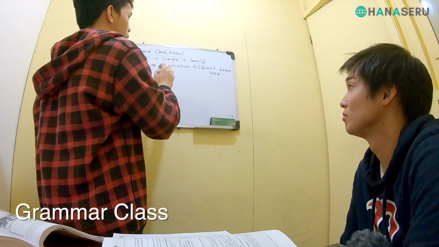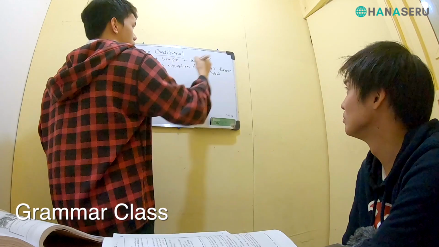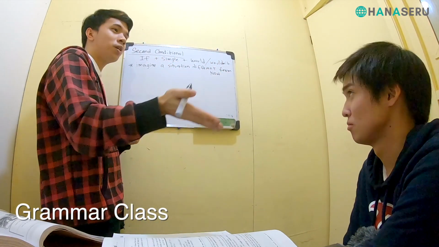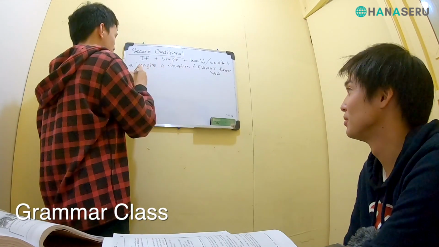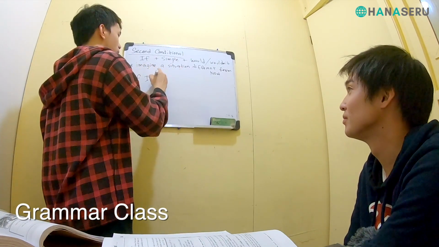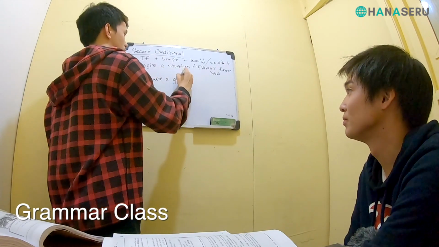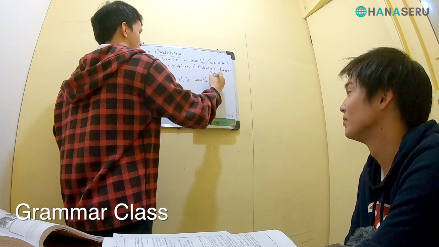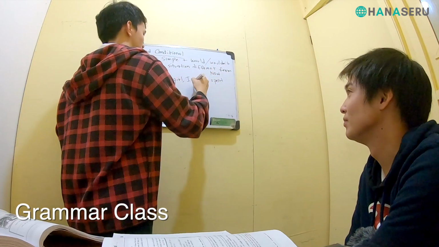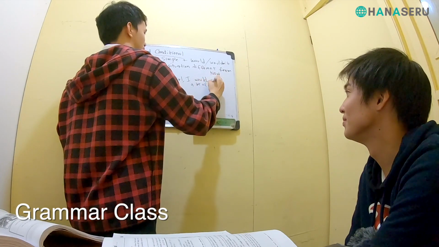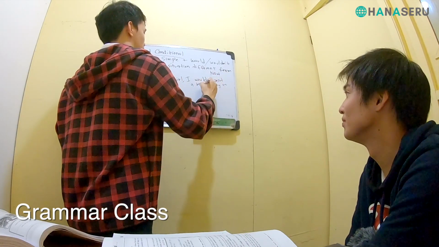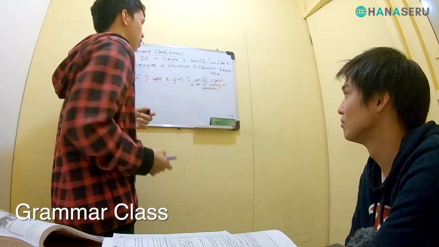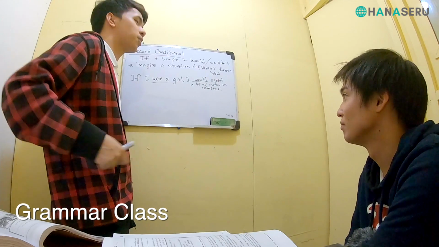We also use the second conditional to imagine a situation different from now. For example, you're a man, right? But sometimes we hear people say, if I were a girl, I would spend a lot of money on cosmetics.